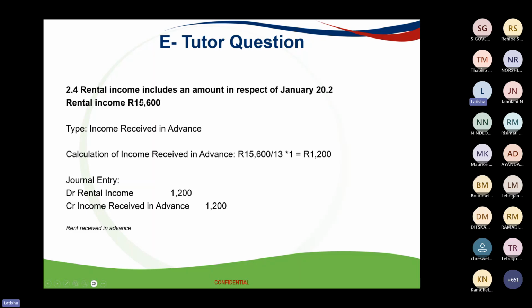So that means this is for 13 months because it's 12 months from January to December 20.1, plus we've received January 20.2. So that's why it's 13 months. I'm saying the amount that we've received divided by 13 because this is for 13 months and 1 month of it is received in advance. That's why we multiply by the 1.